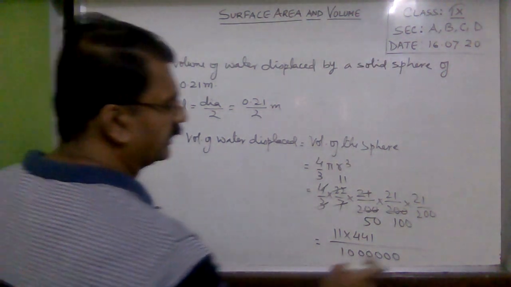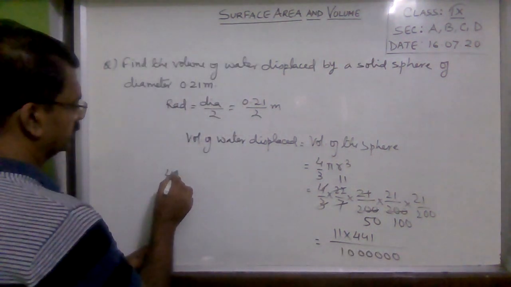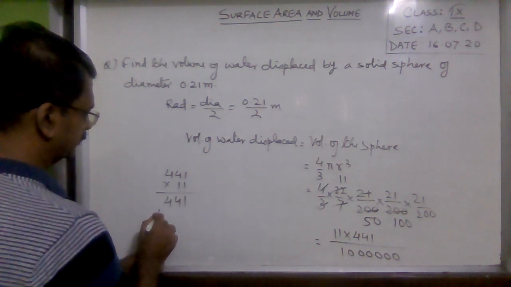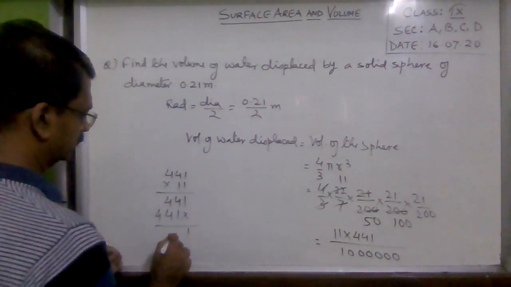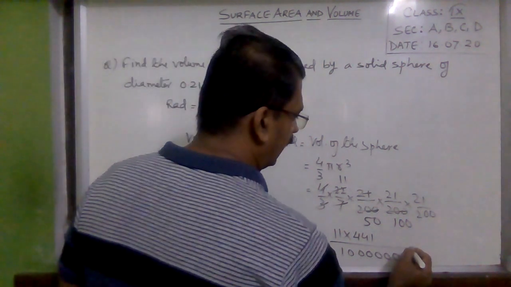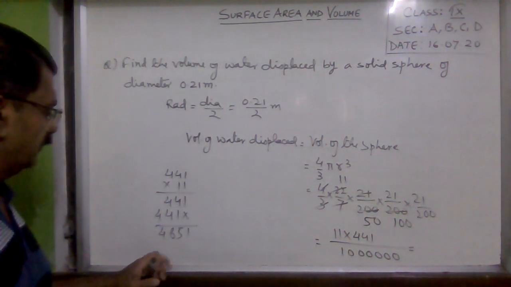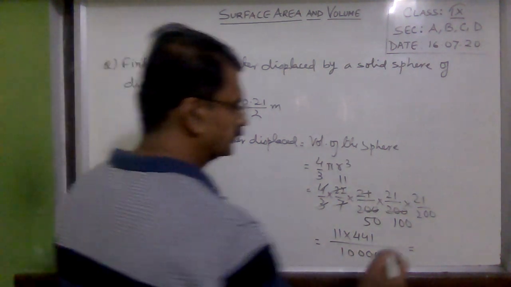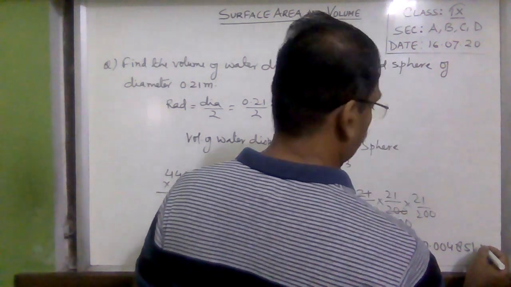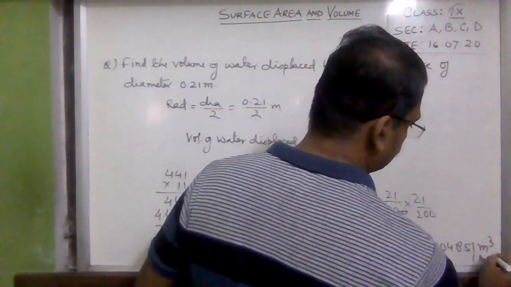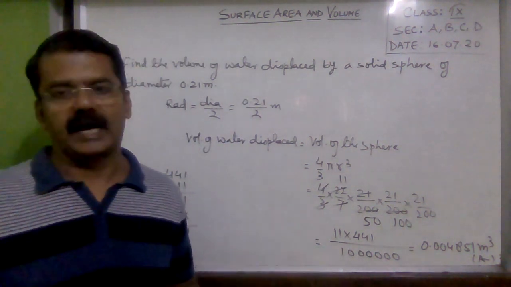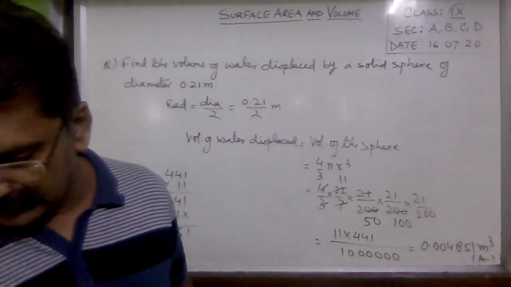So first of all, you multiply 441 by 11. That gives 4851, and then you have to put the decimal after 6 digits. Meter cube. This is your answer. 0.004851 meter cube. This is your answer. Clear? Now the next question.